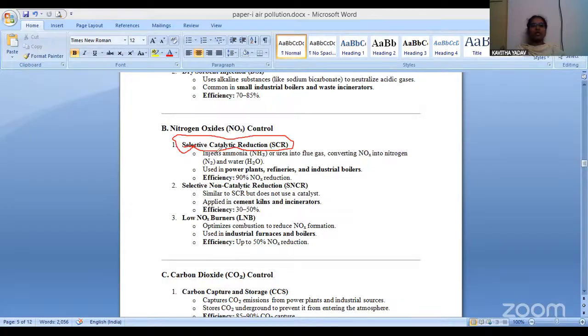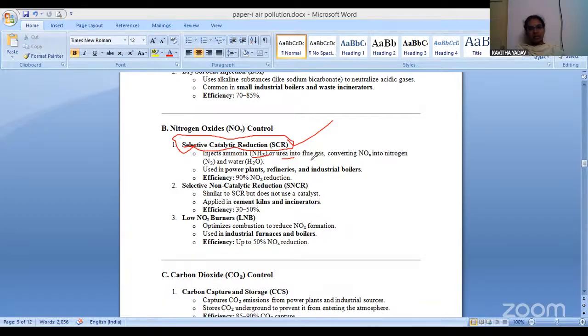See here, a selective catalytic reduction. In this particular selective catalytic reduction, we are going to use ammonia or urea as a catalyst into the flue gas.